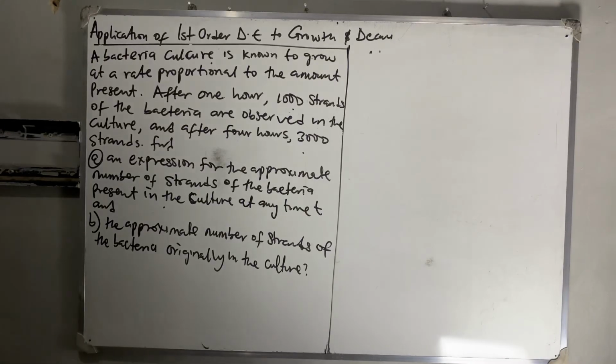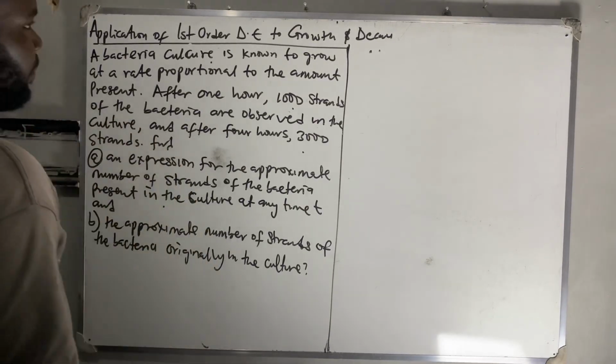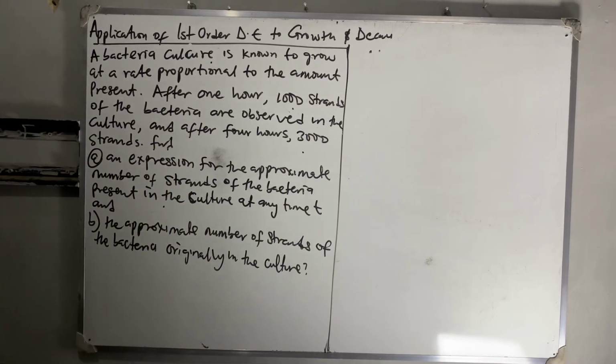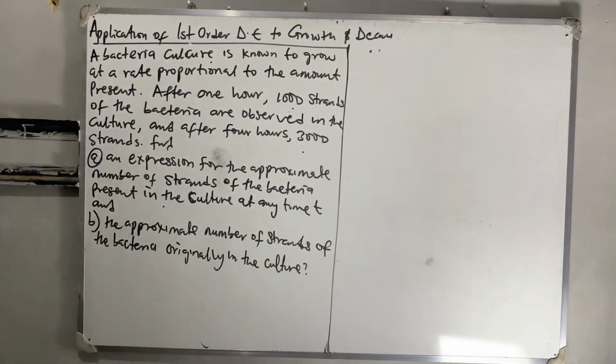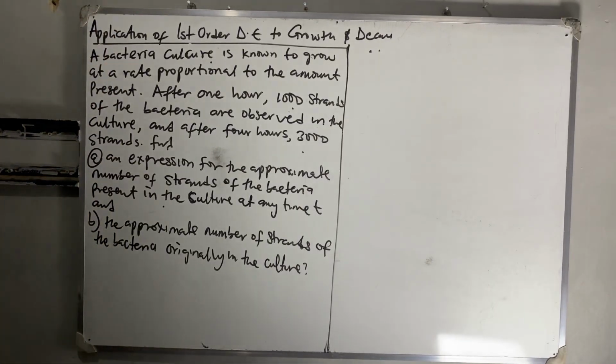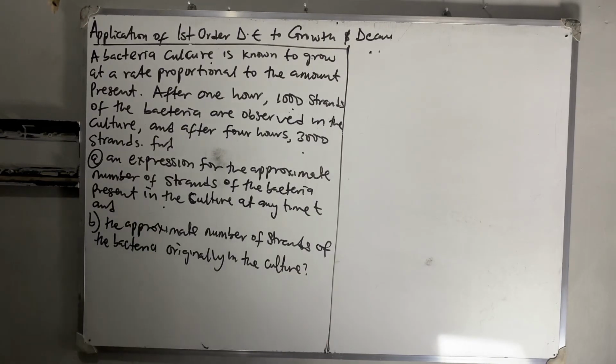All right, we are still on decay and growth problems. Now look at this particular growth problem. This is an application of first order differential equations to growth and decay. The question says that a bacteria culture is known to grow at a rate proportional to the amount present.